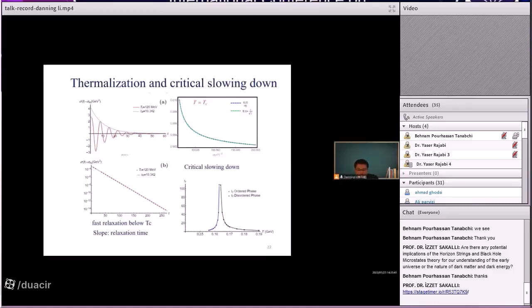We can get the relaxation time as a function of the temperature, and it looks like this. Near the critical point, it diverges, showing the critical slowing down behavior. We can directly extract this behavior, and we can see that this is of the form of 1 over square root tau. And this gives the dynamical critical exponent z equal to 2.